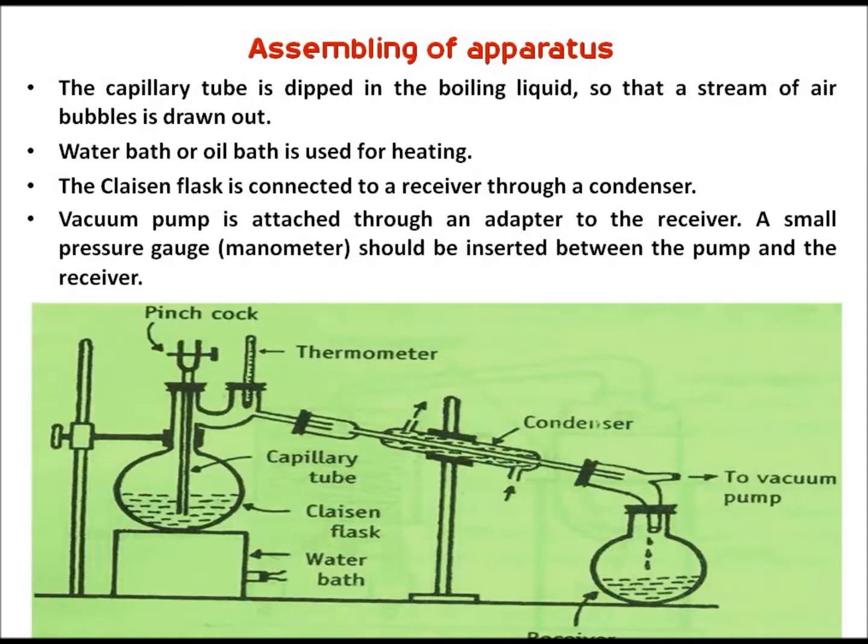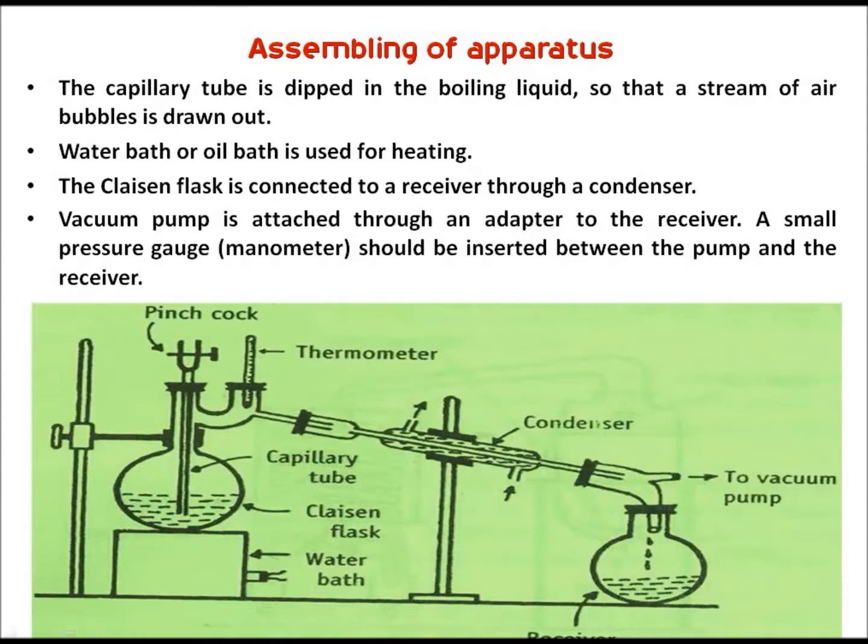The vacuum pump is attached here to the adapter, before it reaches the receiver. A small pressure gauge can also be attached here just to check the pressure. So a small pressure gauge should be inserted between the pump and the receiver.